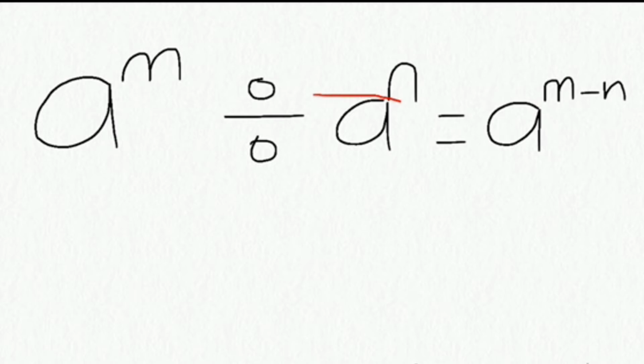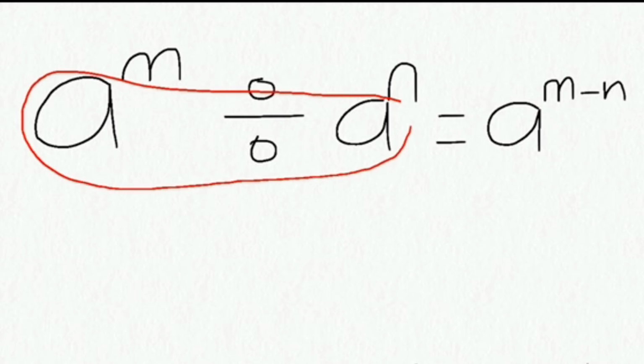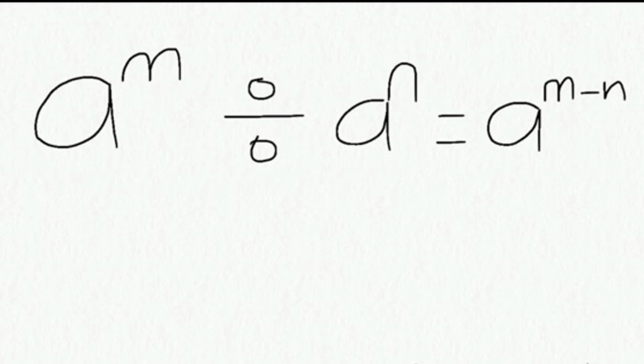If there are numbers dividing each other and they are the same, for example 7 divided by 7, you must only write 7. Okay, what about the indices? These are the indices. This time, when there's a division sign, you have to subtract the indices.